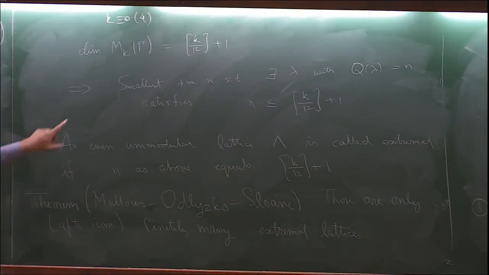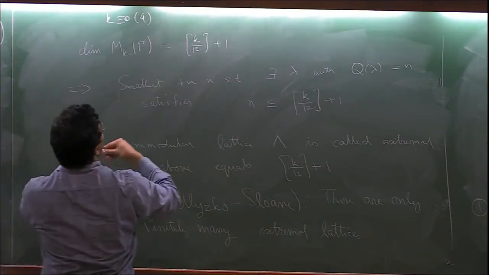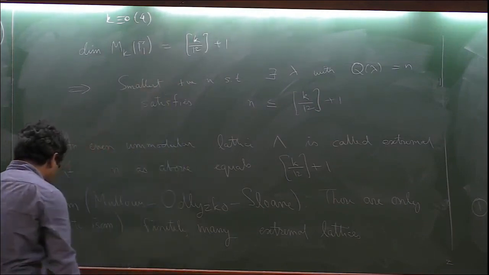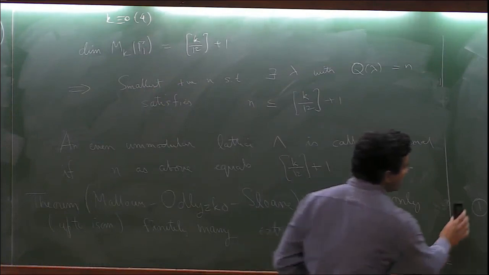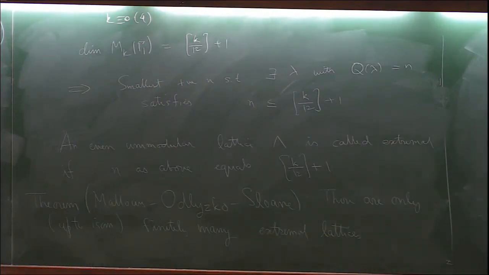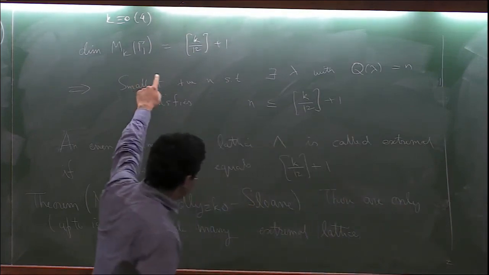So the dimension of the space is k by 12 plus 1, and moreover, you can write down this M_k, which is divisible by 4, in terms of E4 and delta, right?